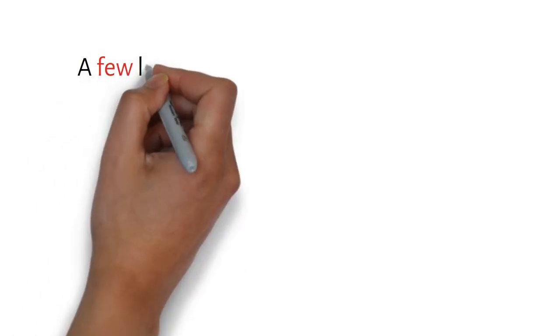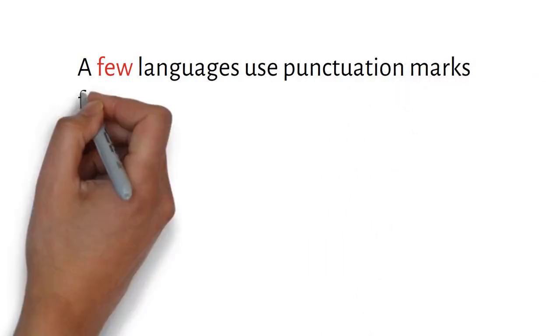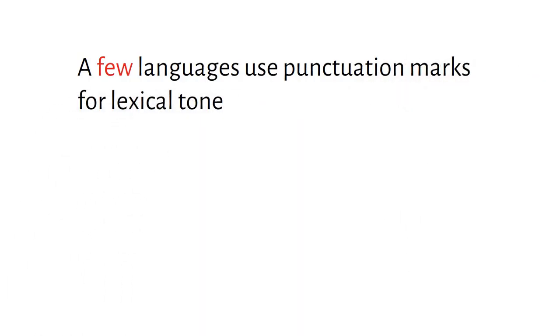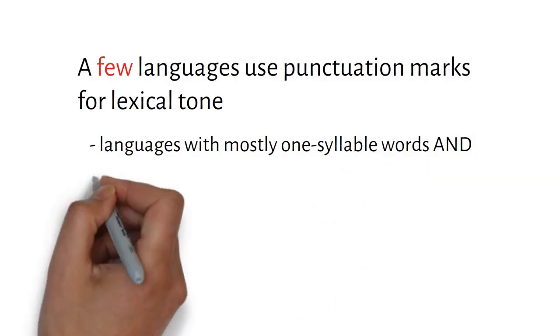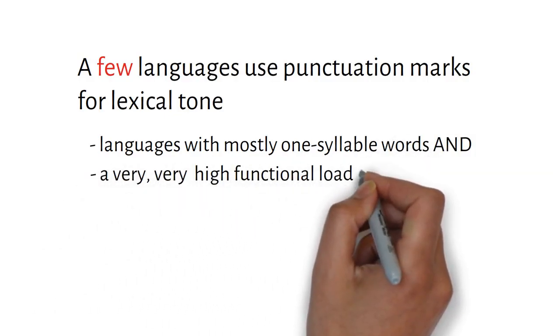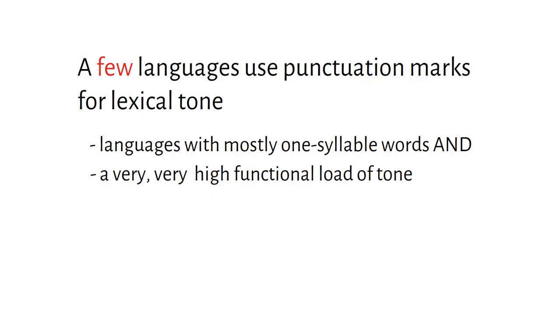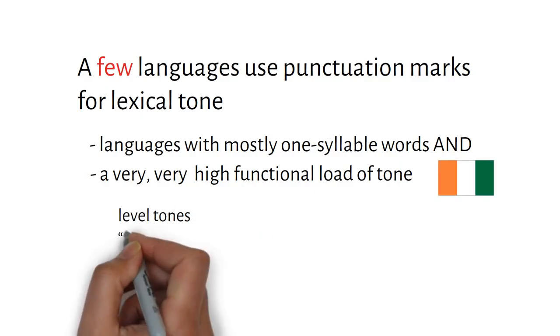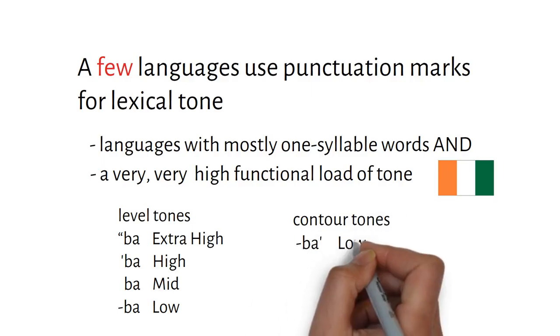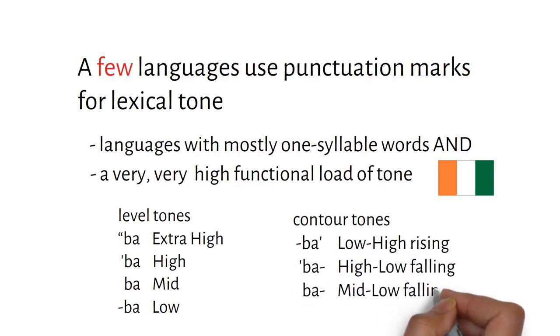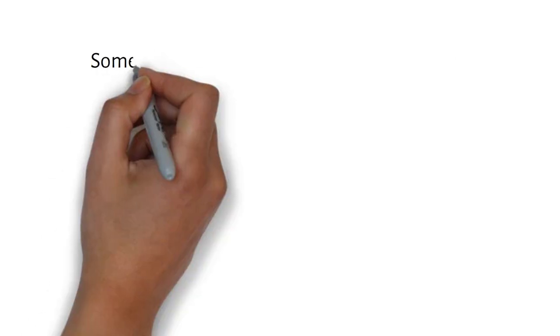Are there less common ways to mark tone? A few languages have used punctuation marks for lexical tone. These are languages with mostly one-syllable words and a very, very high functional load of tone. This has been used mostly in the country of Côte d'Ivoire. Here we see punctuation can be used for level tones, and the marks can be combined before and after the syllable to mark contour tones.